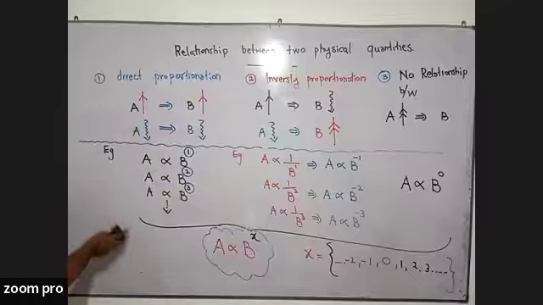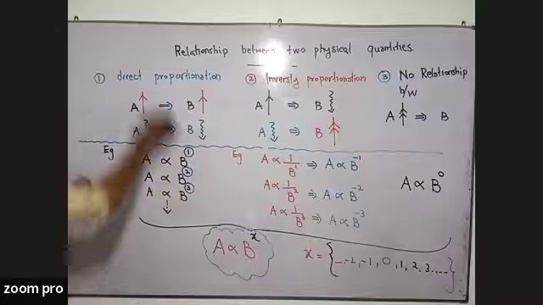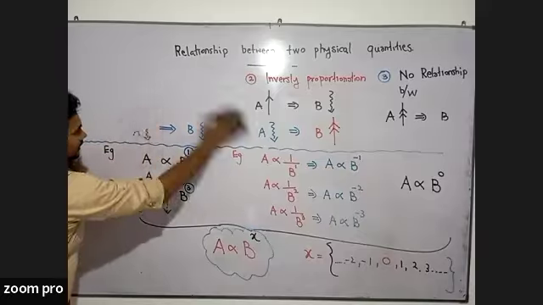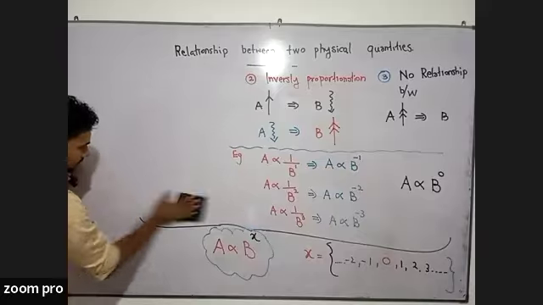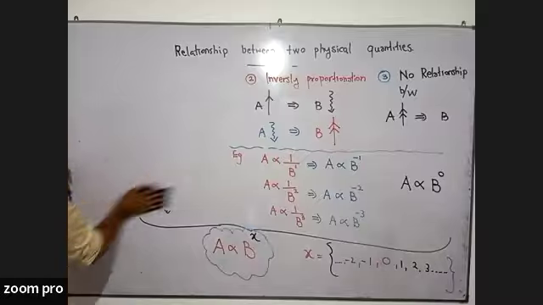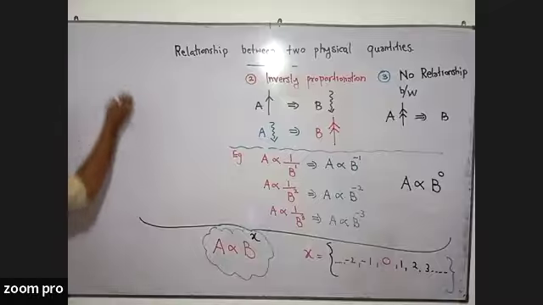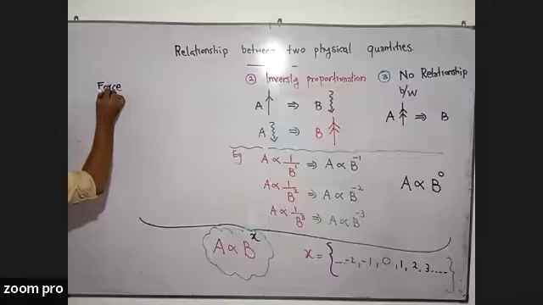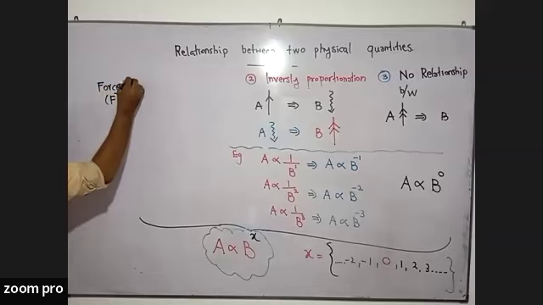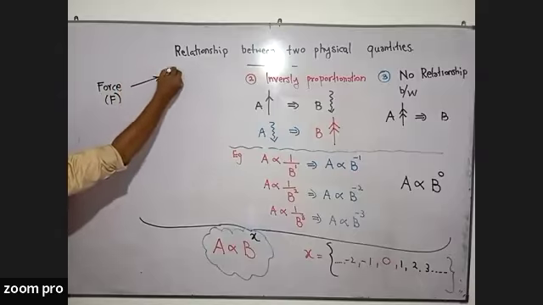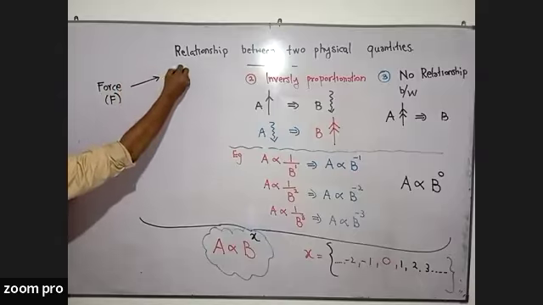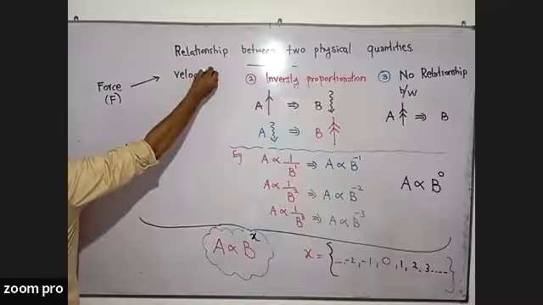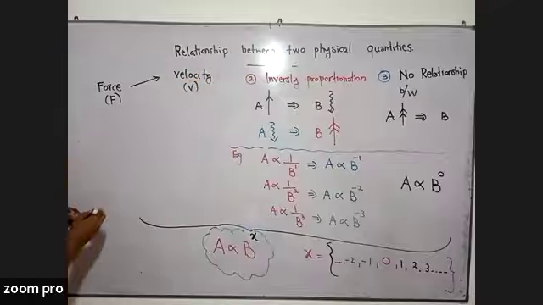Right. So let's go forward with this theoretical point. Now let's take an example. Assume that you are given two physical quantities, force, which we represent as F, and velocity.